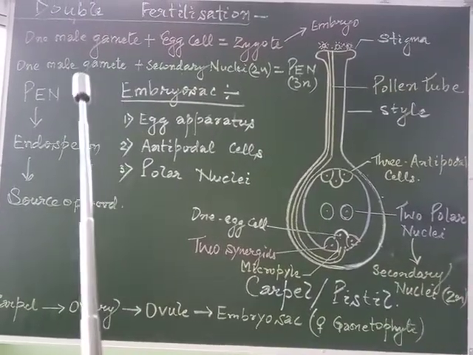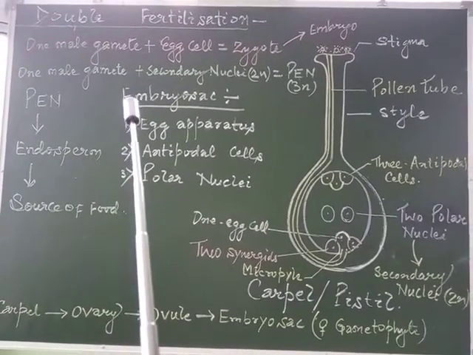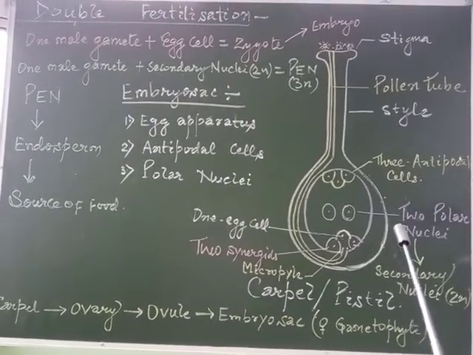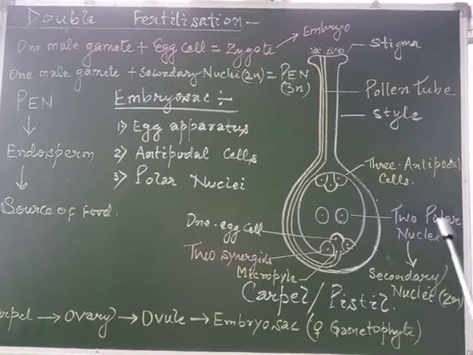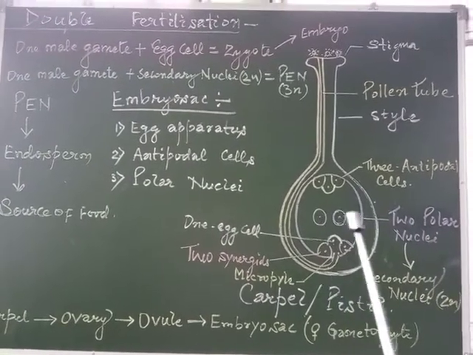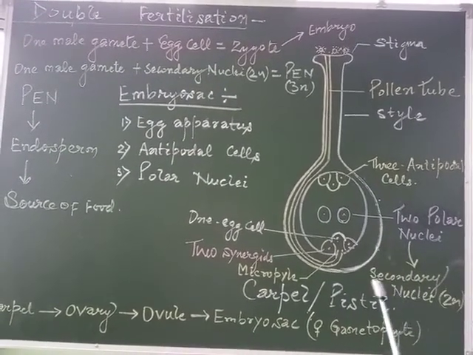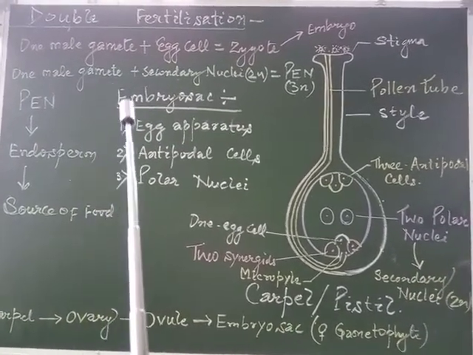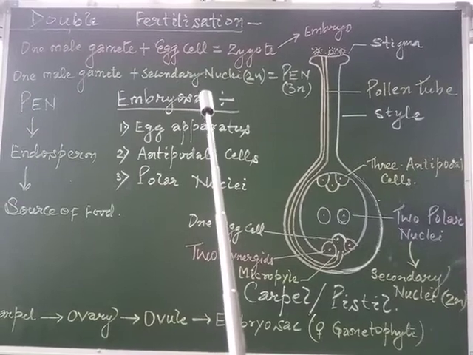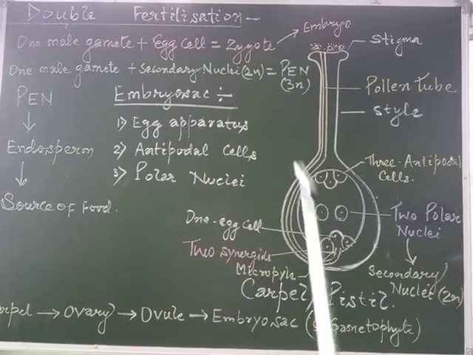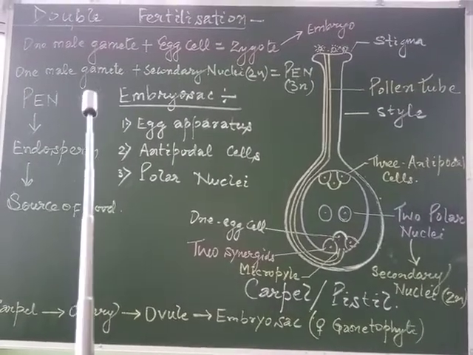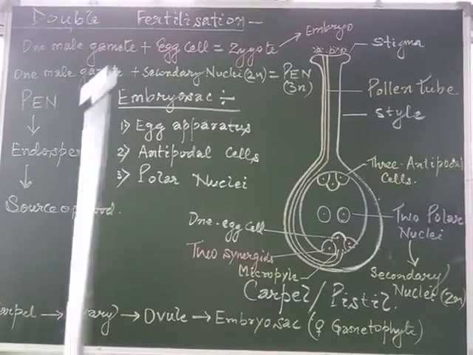Whereas the other male gamete fuses with the secondary nucleus. As we have discussed, the two polar nuclei fused with each other to form the secondary nucleus, which was diploid in nature, and the male gamete is haploid in nature.